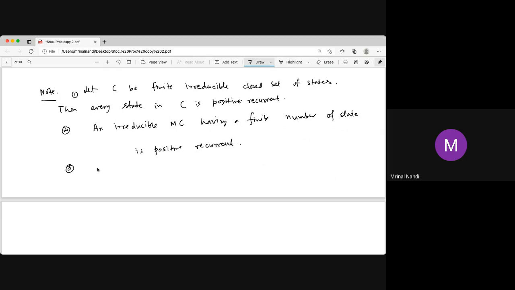Number 3: a Markov chain having a finite number of states has no null recurrent state.